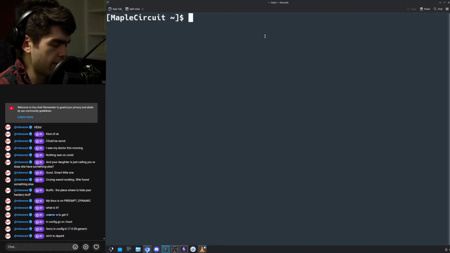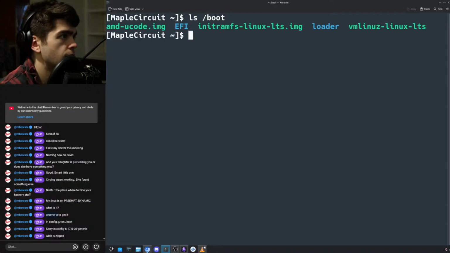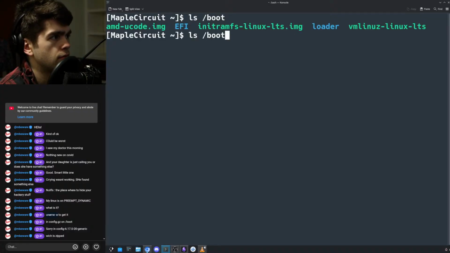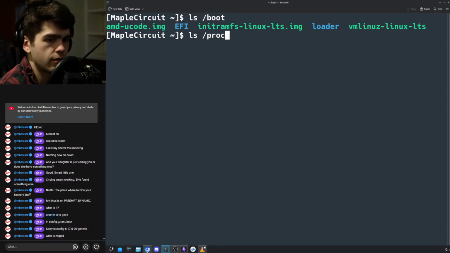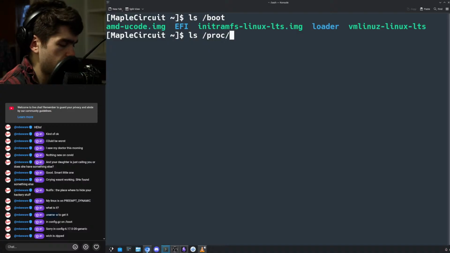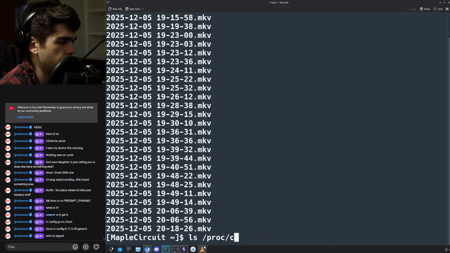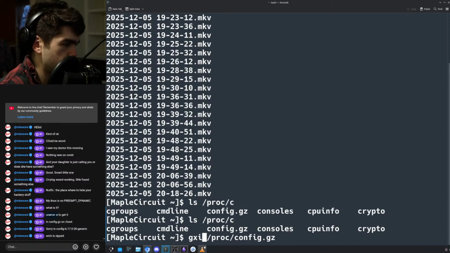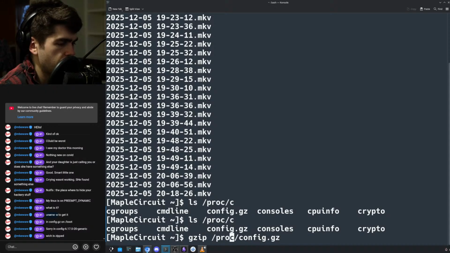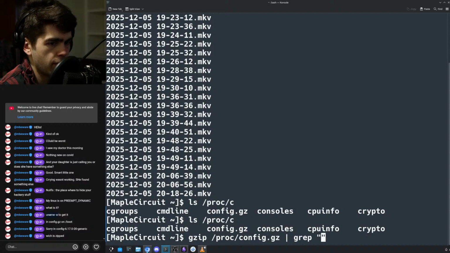I don't think I have that. Isn't there a proc kconfig thing? No. Config? Oh, okay, that's what you're talking about. We're good. gzip, we're going to send that to grep, which... is that how we use grep? I hope so.